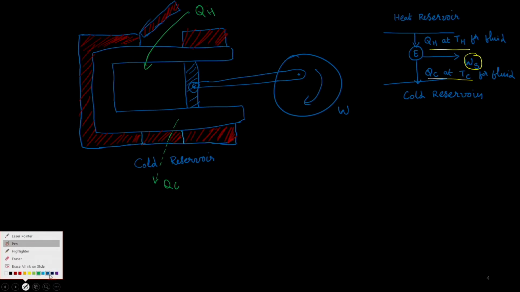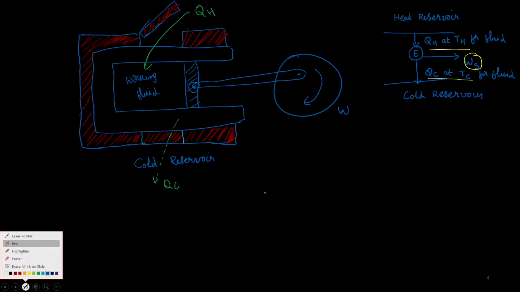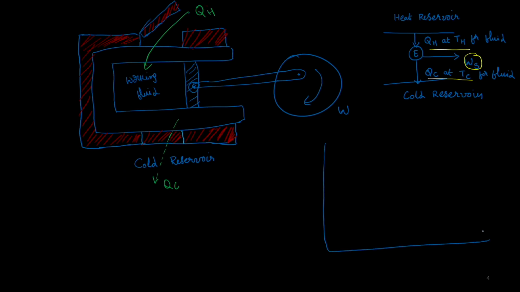So this way, we have a piston and cylinder assembly, and inside is my working fluid, right? And now let us say initially we start at a condition. This is easily represented on a P versus V plot, right?